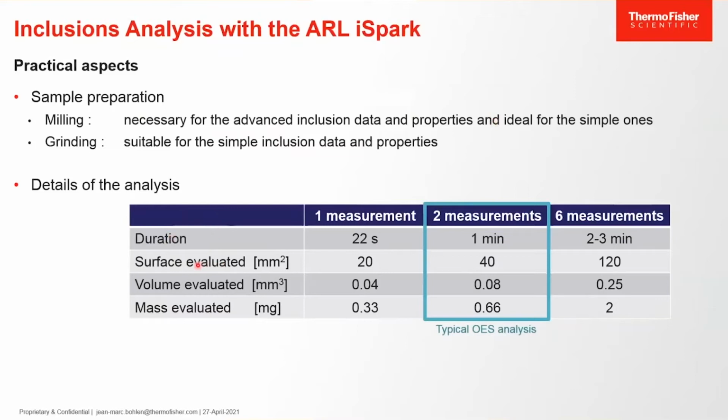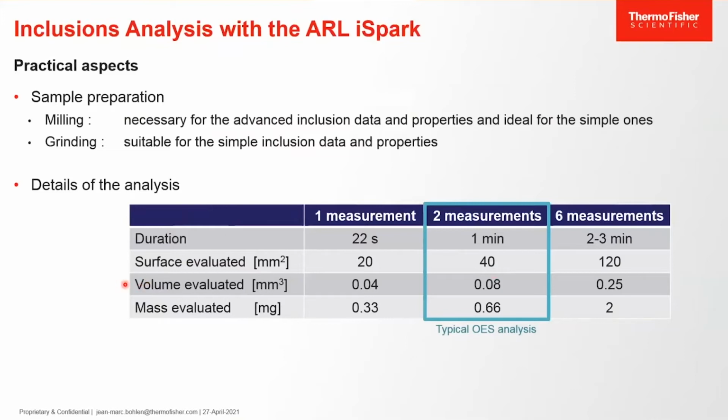Interesting is to look at what surface of the sample is evaluated with our technique. For two measurements, it's about 40 square millimeters of the surface where we look for inclusions. As you know, in optical emission, material is ablated.